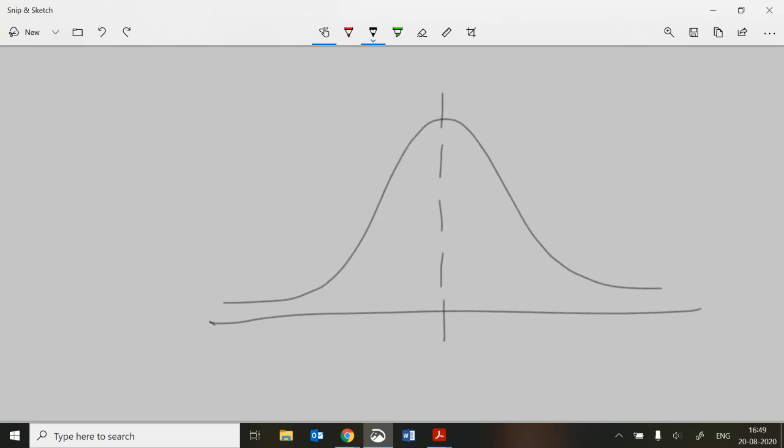Okay, so if it's like this, and if you've got thousands and thousands of pieces of data, then all your histogram bars are going to start looking really small, and you're going to get this kind of normal distribution. Now, if your data is normally distributed, then we can say there is a meaning to the standard deviation.